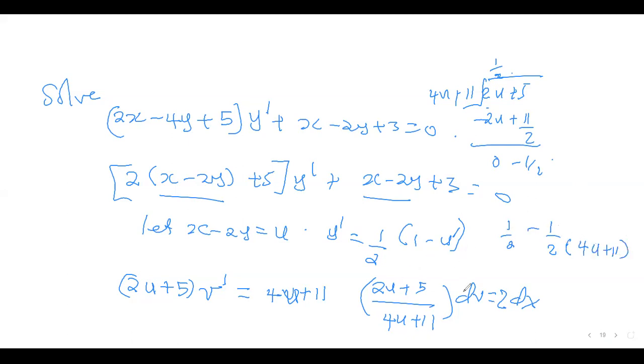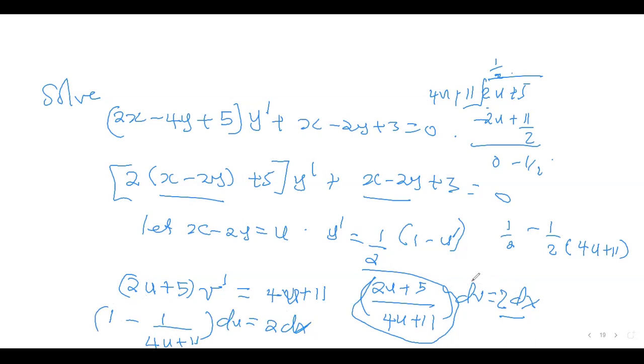Okay, this long division. And it is going to yield something of 2dx, and this left-hand side will just be simply 1 minus 1 over 4u plus 11 du equal to 2 dx.